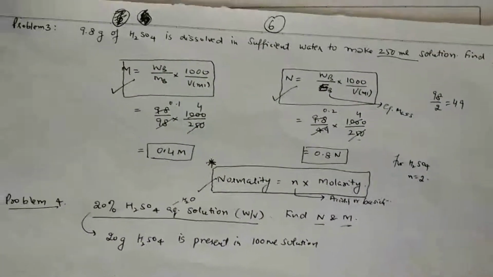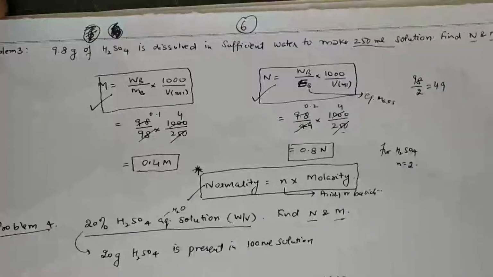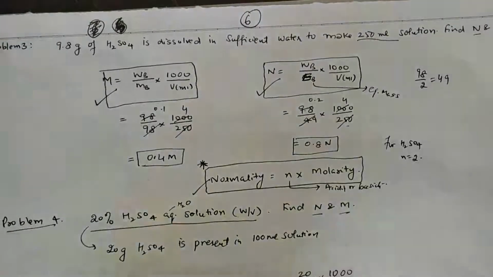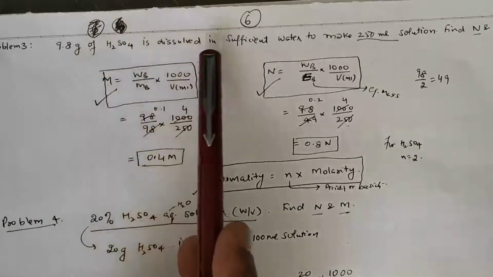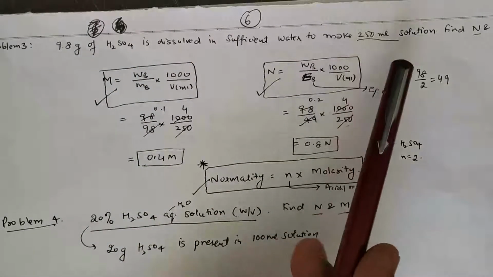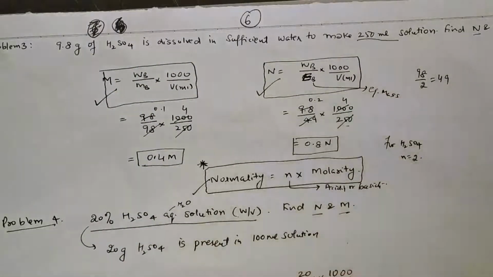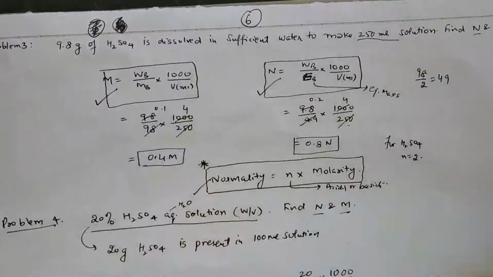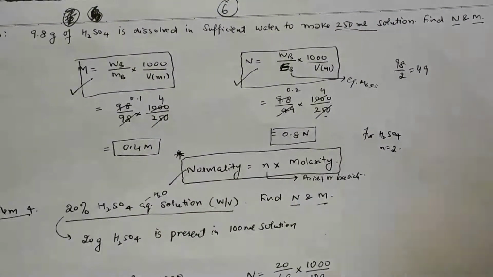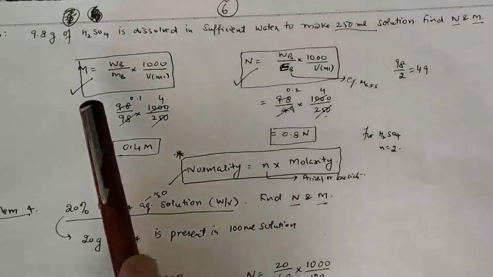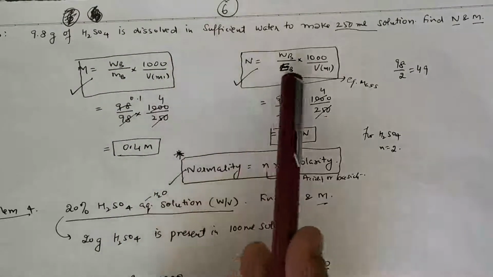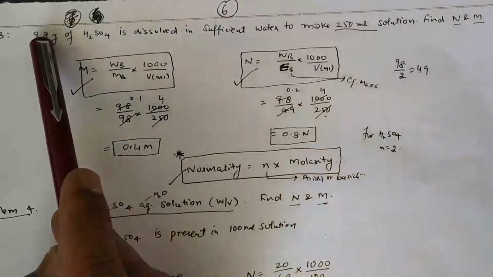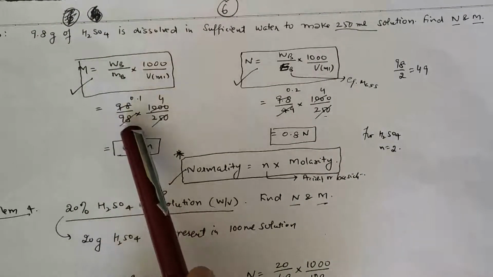Now, to apply this equivalent mass in normality, here is problem 3. 9.8 gram H2SO4 is dissolved in sufficient water to make 250 ml of solution. Find normality and molarity. We have to calculate normality and molarity. So these are the formulas. Molarity is WB upon MB, you know, 1000 upon V in mL. Normality uses EB. WB is 9.8. Molar mass of sulfuric acid is 98.